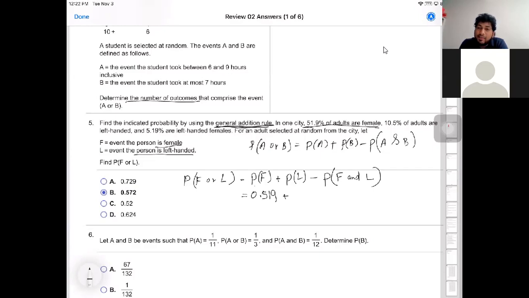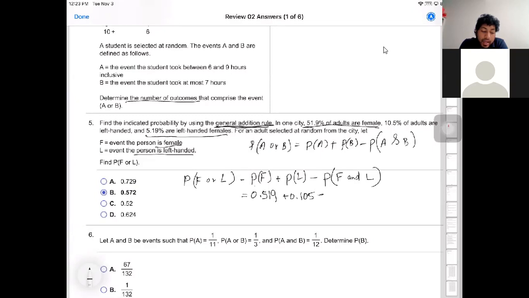See, everything they have given, you just need to pick the values and do the calculation. 10.5%, calculate into probability values, 0.105. And we need to find probability of F and L, probability of common outcomes for these two events.